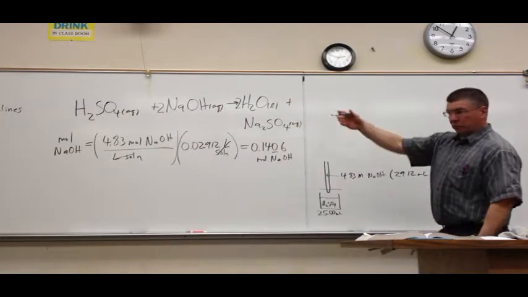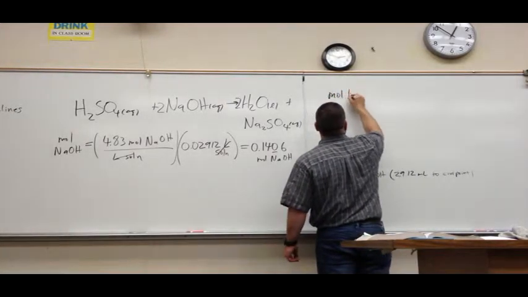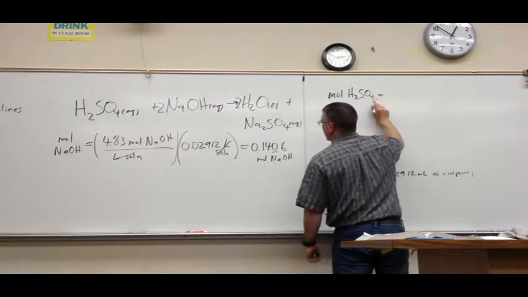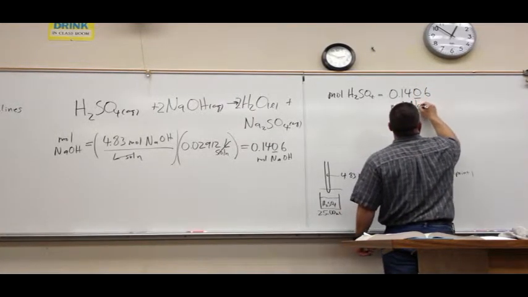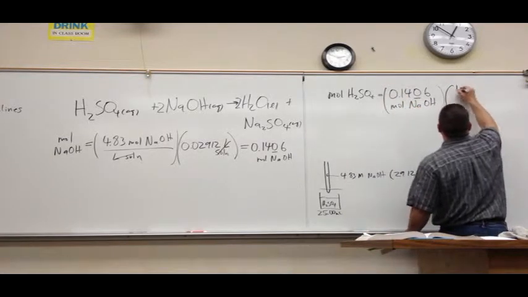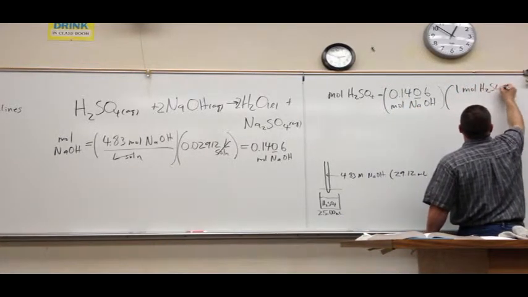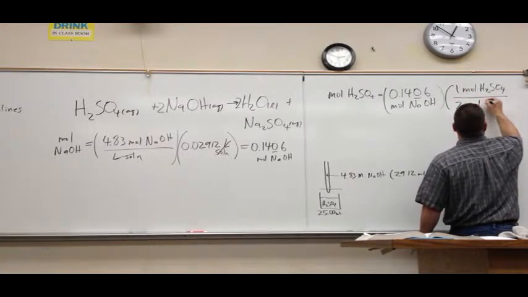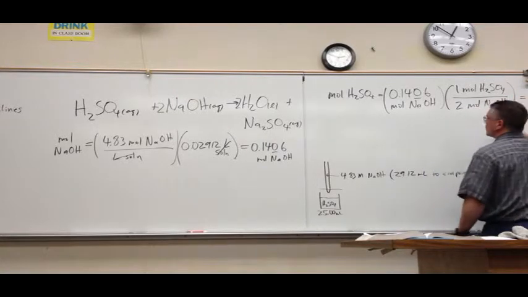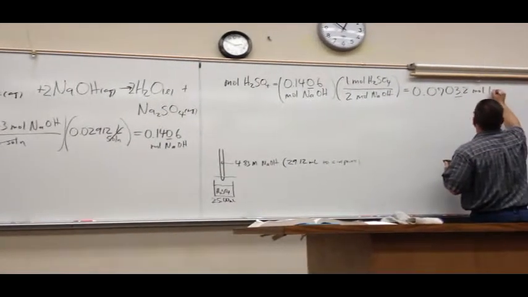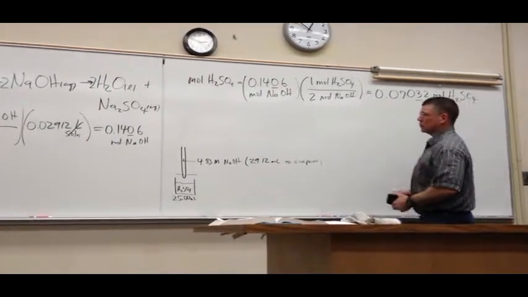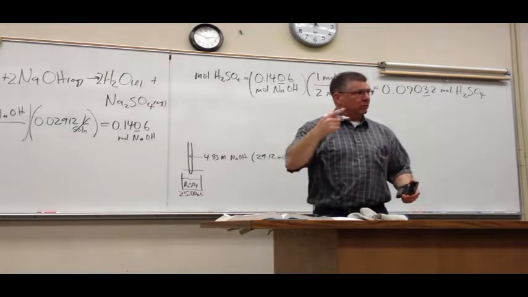From the mole-to-mole ratio, we can get moles of sulfuric acid. Last step, take the moles, divide by the liters, right?